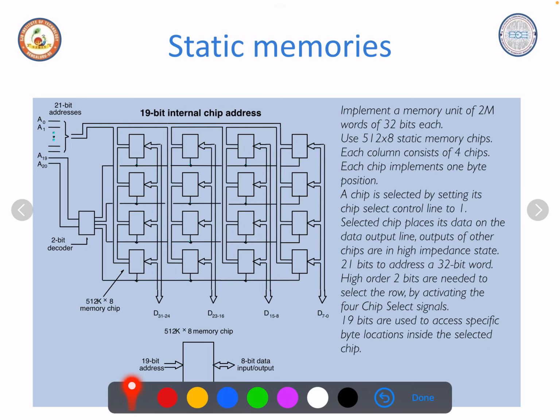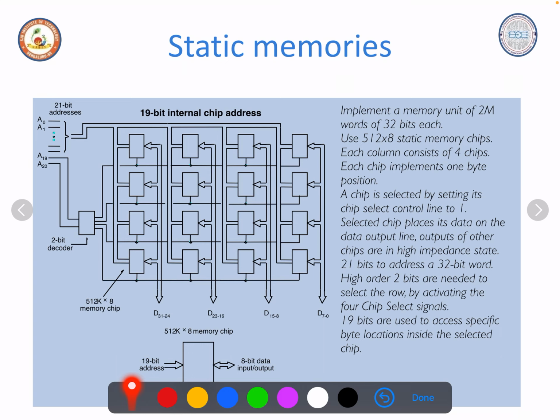That means in total, if I have a 21-bit address bus, it is divided into 2 parts, rows and columns. Here you can observe the first one, A0 to A18, that means a 19-bit address bus, which is used for selecting within a 512K chip. Then the last 2 bits are used for selecting a particular chip.